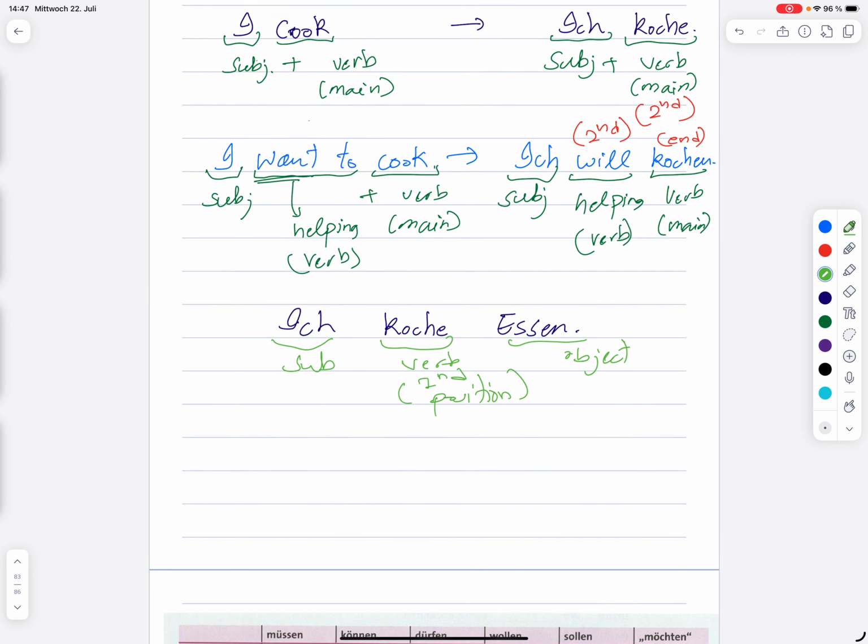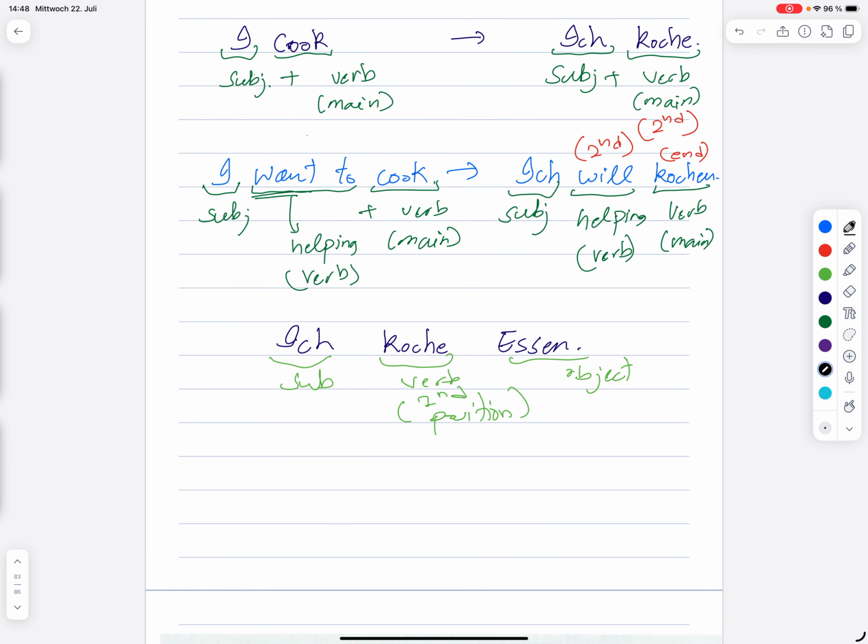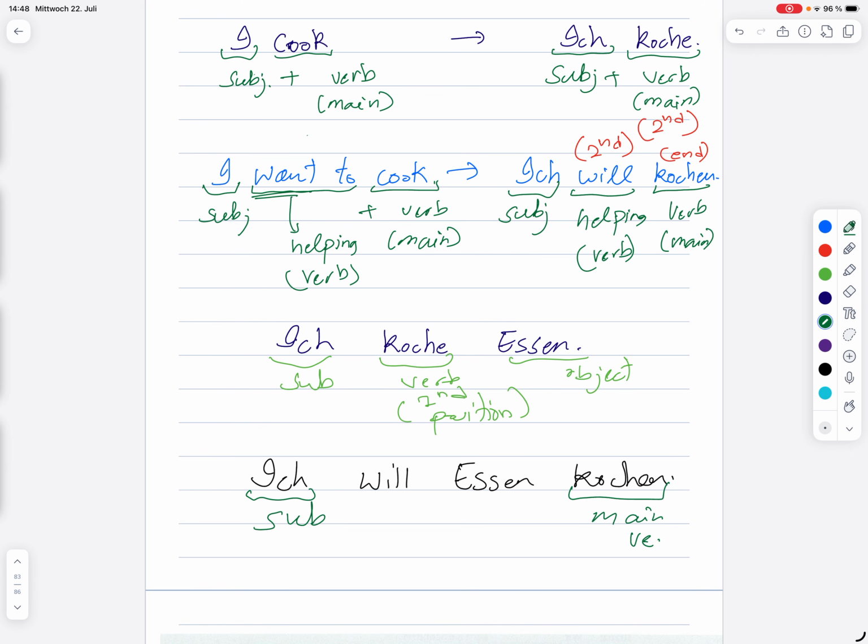Now if I write it with the modal verb, it will be ich will essen kochen, I want to cook food. We have the subject, the main verb at the end, the modal verb now in the second position, and the object in between.